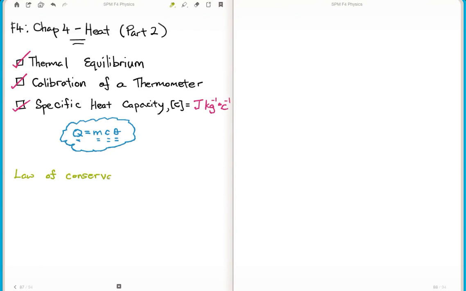Conservation of energy means energy cannot be destroyed or created, but it can be transformed from one form to another. Okay, so this is where it leads to. And this is also, later on, what you learn is called the first law of thermodynamics.